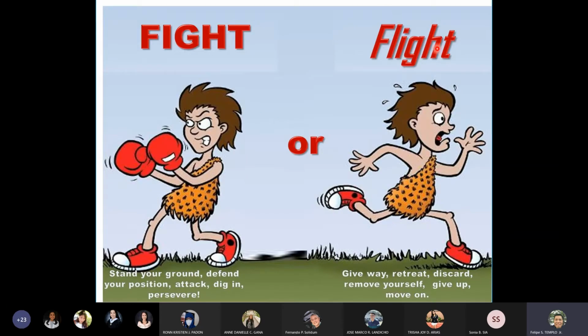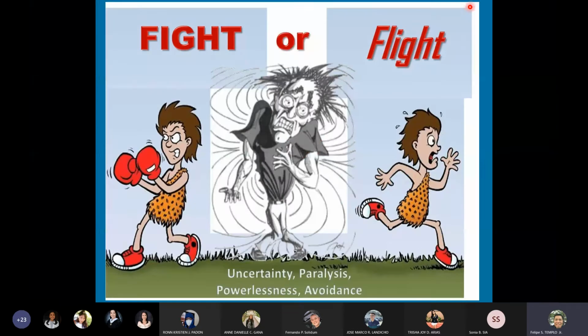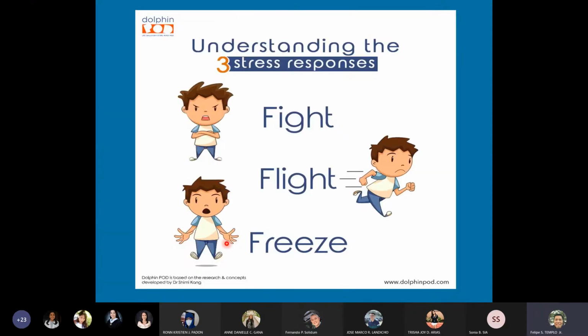So this is your fight or flight reaction, maybe during an exam. But now we have a third. You may not go into fight or flight. You have this third: uncertainty, paralysis, powerlessness, and avoidance. And that is your freeze. So it's not just fight, it's fight, flight, or freeze.